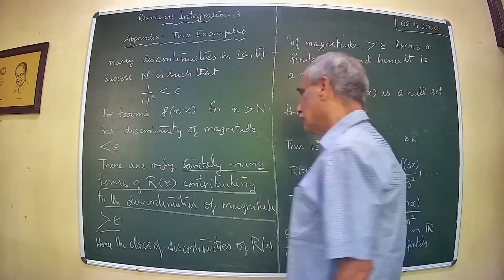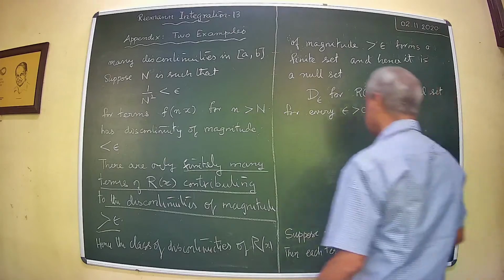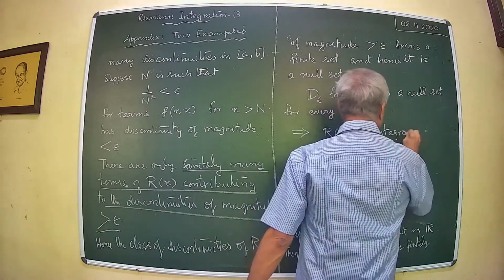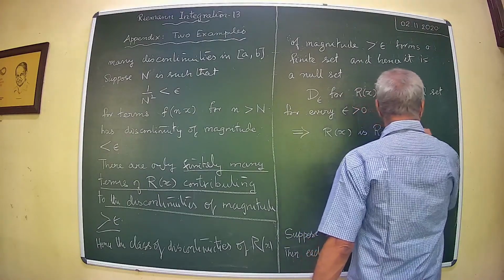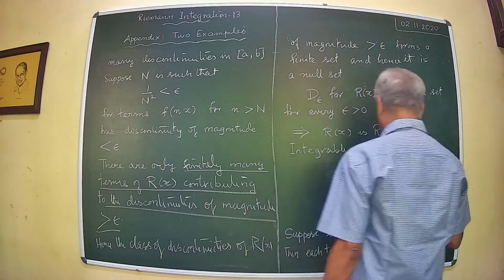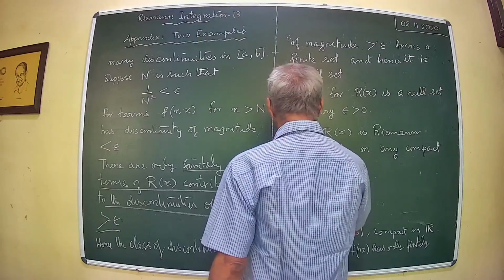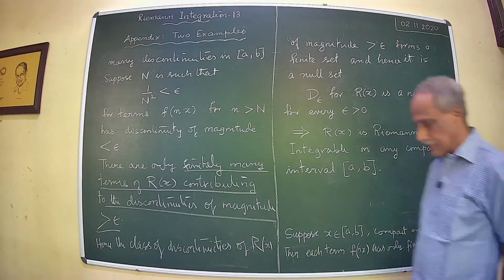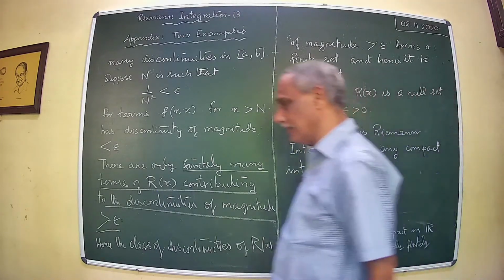This essentially implies that R is Riemann integrable on any compact interval, and that is one of the theorems: the set of discontinuities of R forms a null set provided D epsilon forms a null set.